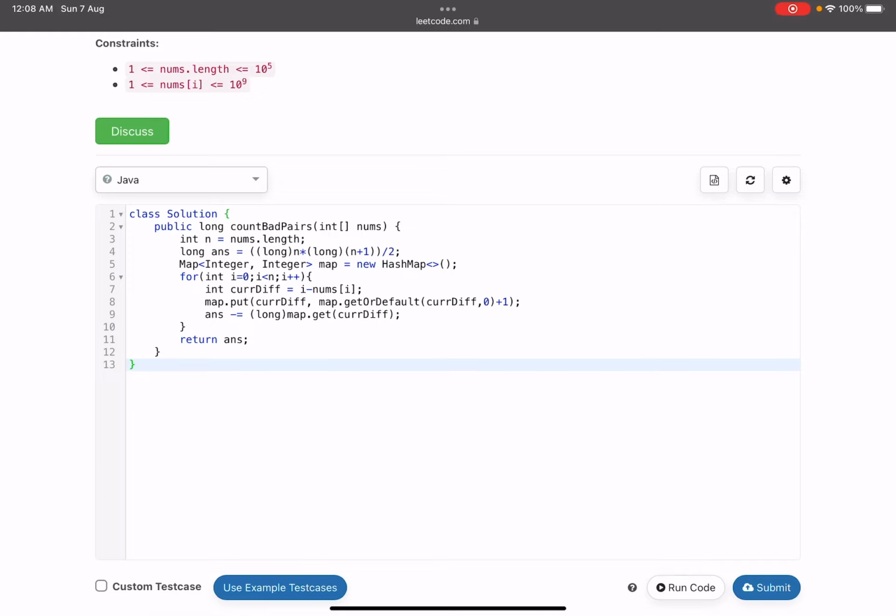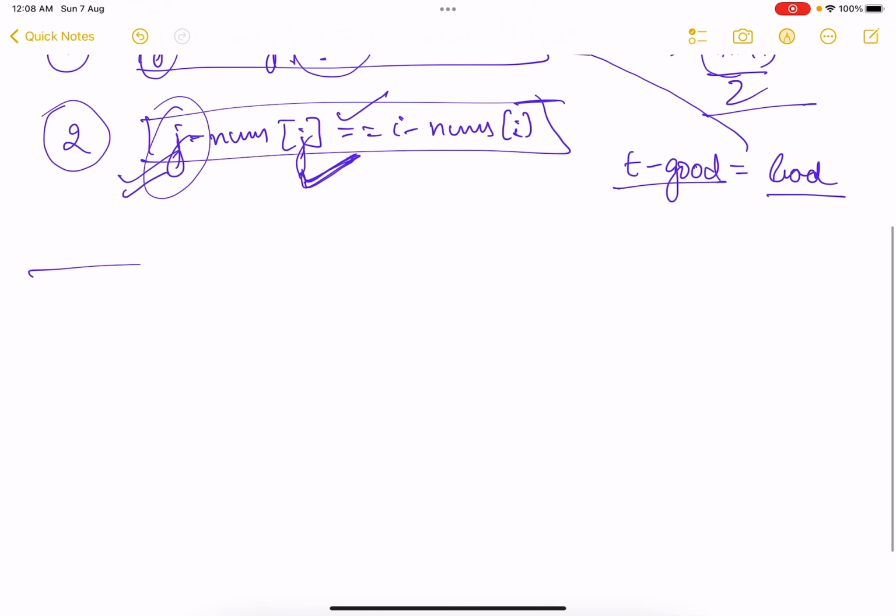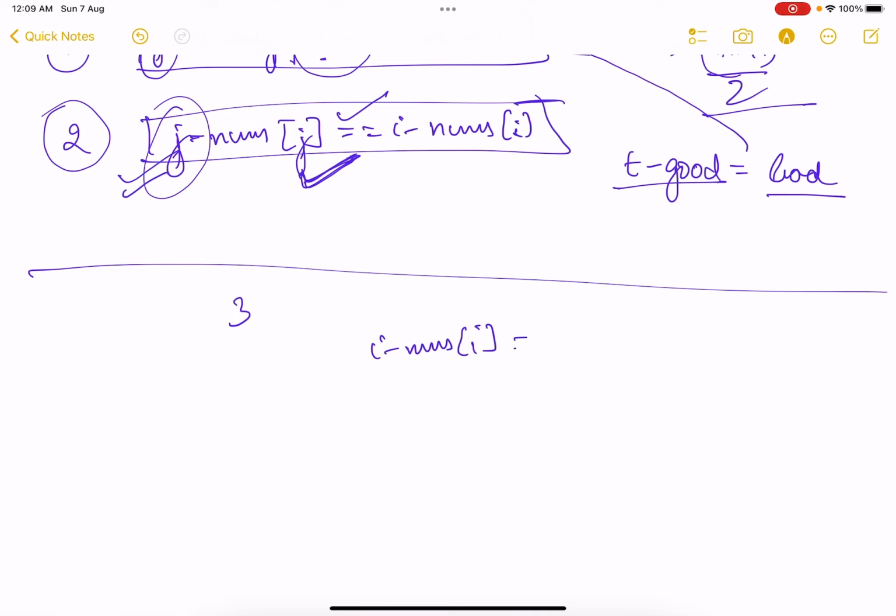Now this is a tricky part. Why? We need to find the total number of pairs, right? Suppose our map has 3 values, that means i minus nums of i has a value of, suppose, x. In this case, let's assume 3.